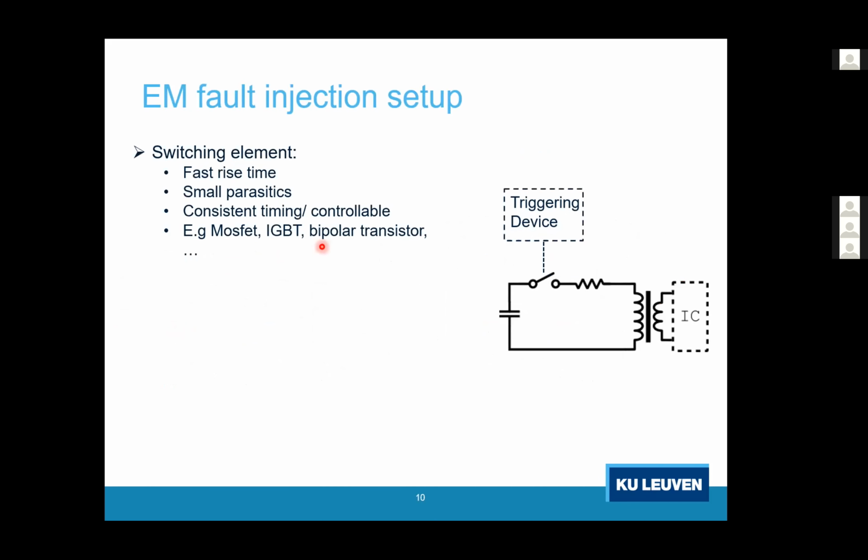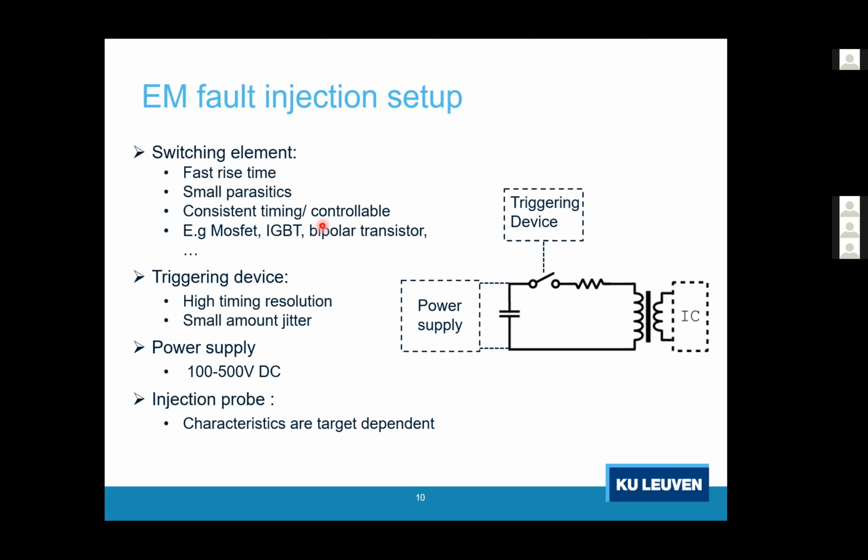So just put all this out. So you have your probe, which is here depicted by a coupled transformer. Then you have a switching element, which allows current to flow from your charge accumulating device into your probe. And then you need some peripheral equipment.